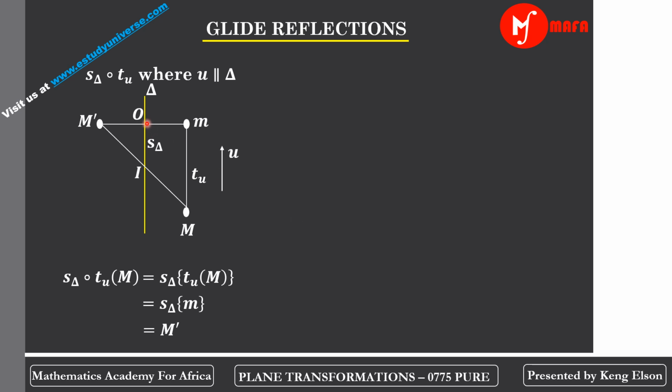Okay, so this point O here is the midpoint of the segment M prime M, because that is the definition of a line reflection.